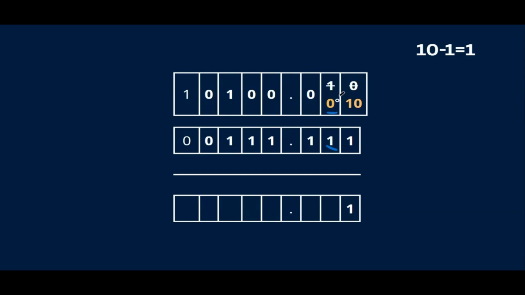Again, the 0 is less than 1, hence borrow has to be done from this one to this. What happens is that 1 is borrowed from this position to here, so this 1 becomes 0 over here, and the 0 becomes 1. Get 10.